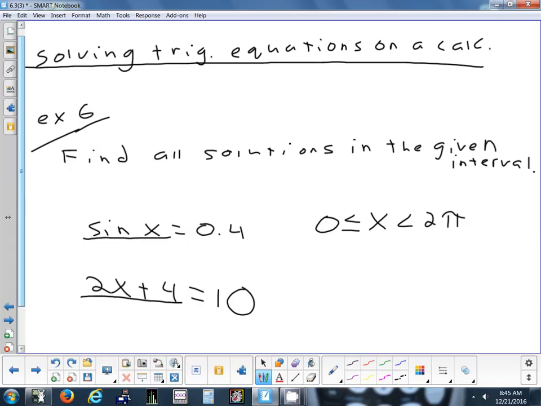It's periodic. Does that give anybody a hint? When you solve a periodic equation, what would happen? If you have at least one solution, you're guaranteed to have how many? Can you be more specific than more than one?